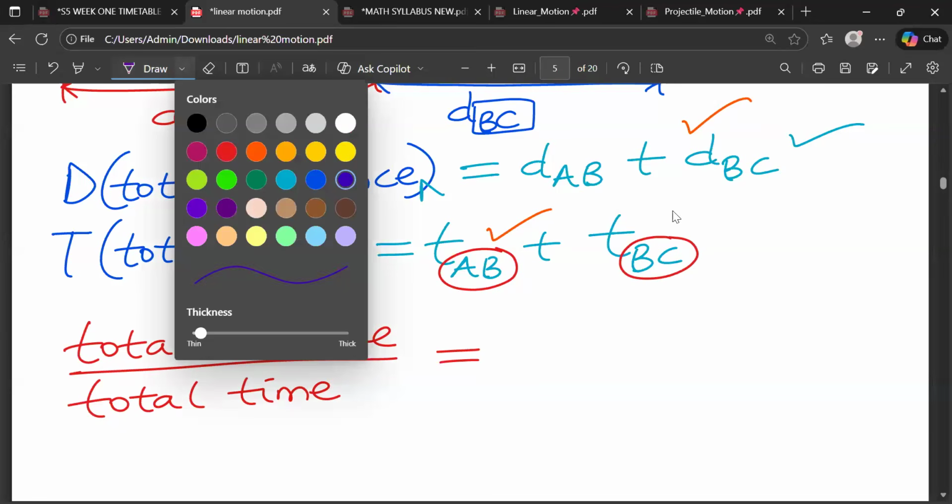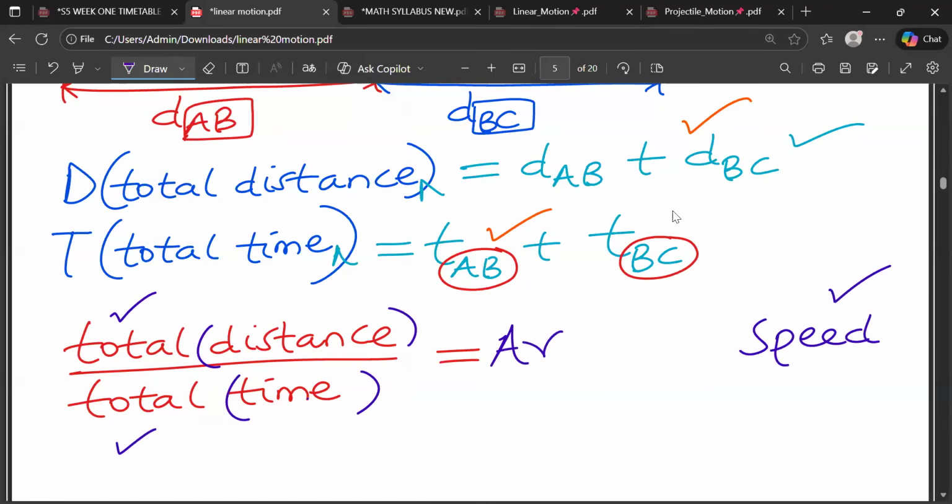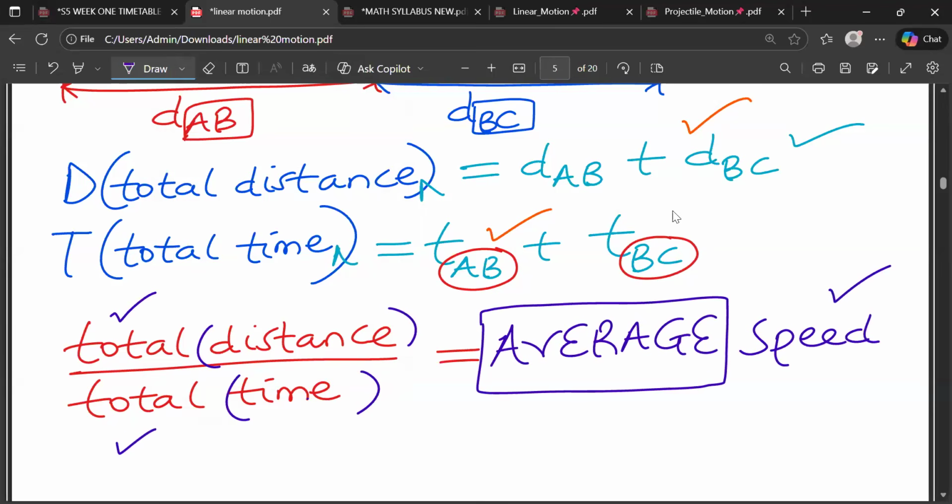Because distance over time is our speed, but because two distances were involved and we had total and total, it ceases from just being speed and becomes average speed.